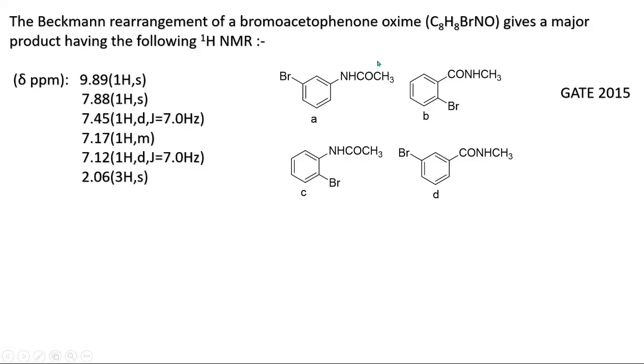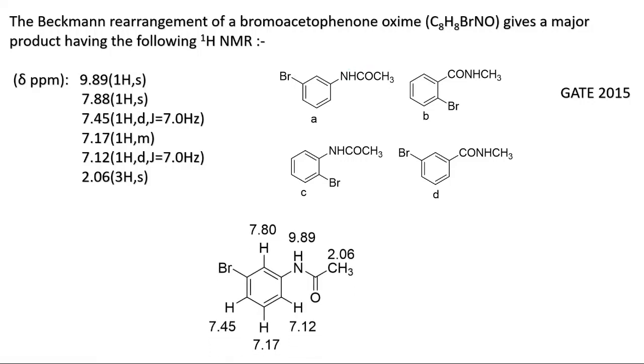So this CH3 is attached to a carbonyl group and this CH3 is attached to a heteroatom. If any carbon is attached to a heteroatom, it will resonate above 3, but this is given as 2.06. So based on that, we can eliminate option D and confirm option A. So A is the correct answer.